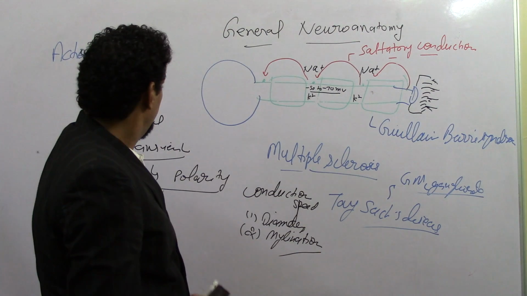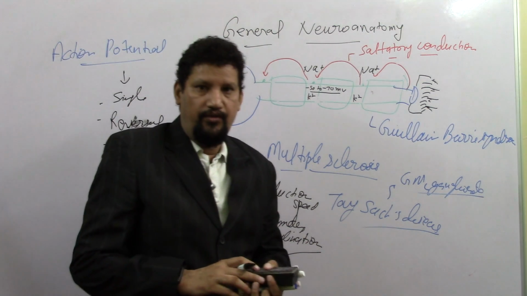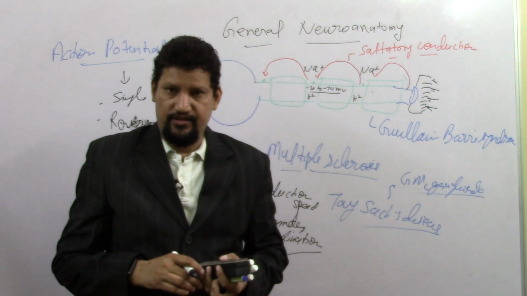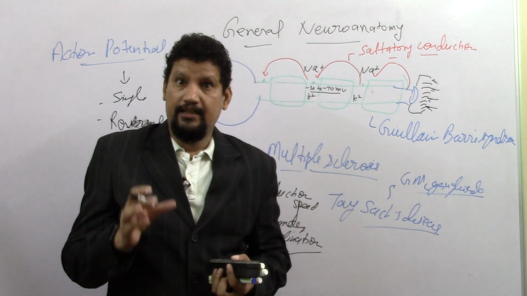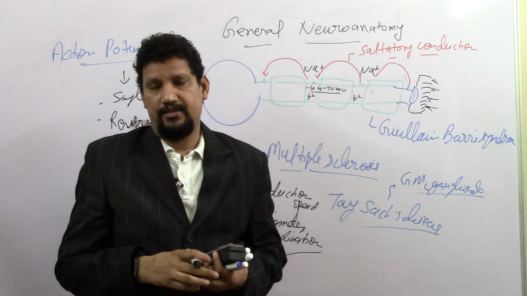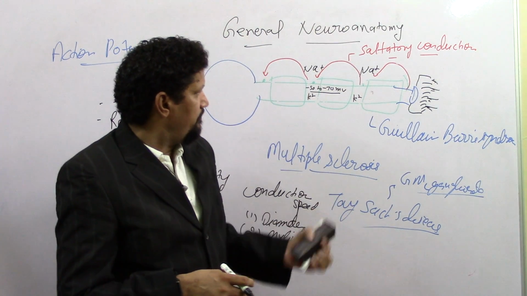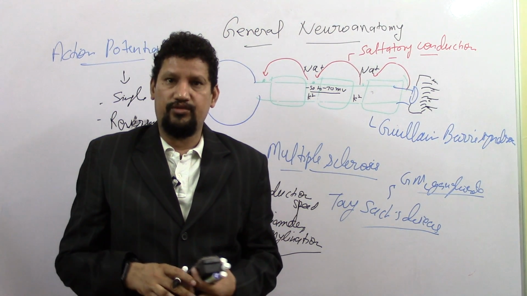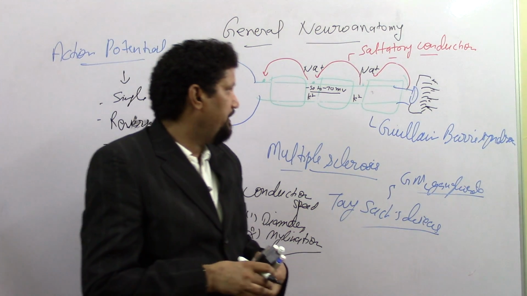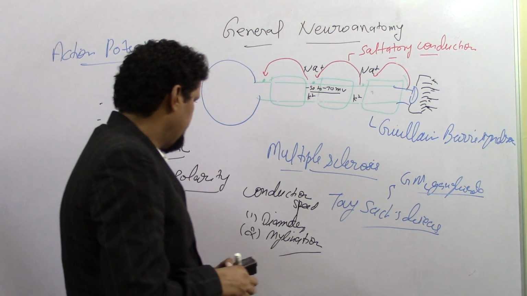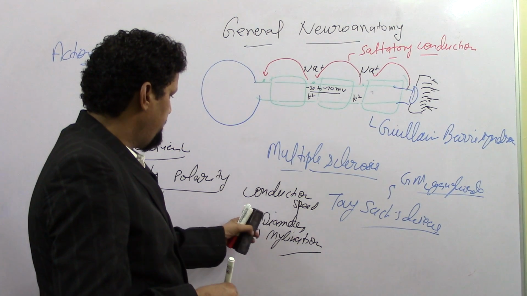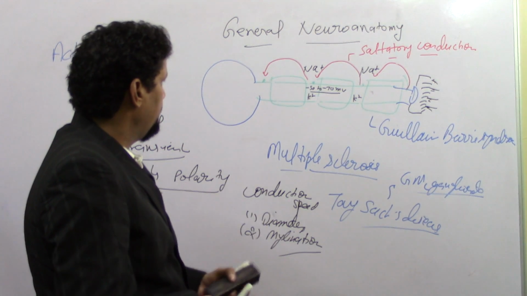For example, the fasciculus cuneatus and fasciculus gracilis are heavily myelinated thick fibers and have very rapid conduction of the impulse from the lowermost part of the spinal cord to the uppermost part of the brain. So speed of conduction depends on the diameter and myelination status of the axon.